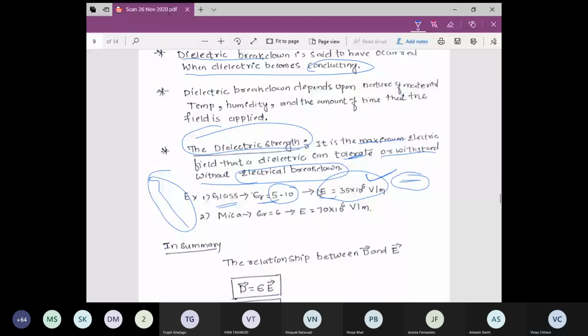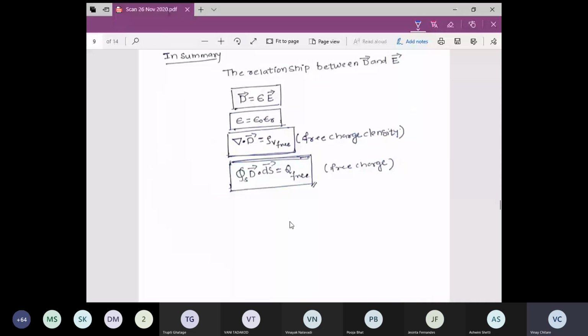So in summary, D is equal to epsilon times E for a dielectric material, and epsilon is given like this. What is really interesting is that del dot D is equal to rho V, and this rho V is a free charge. This is very important, a five-star point to note down.